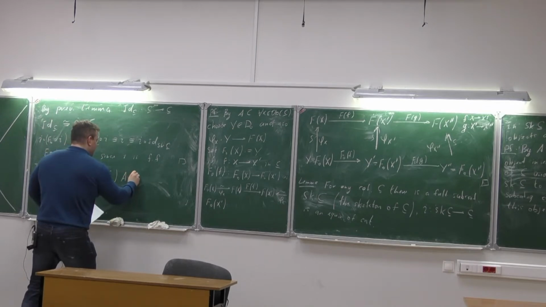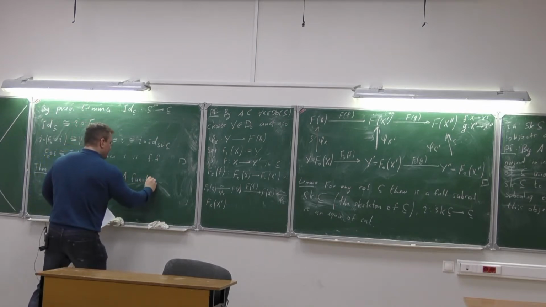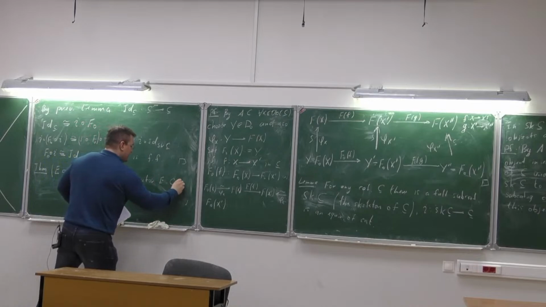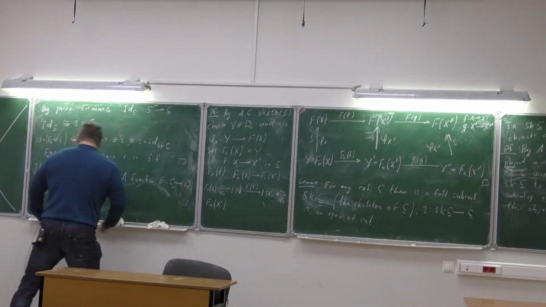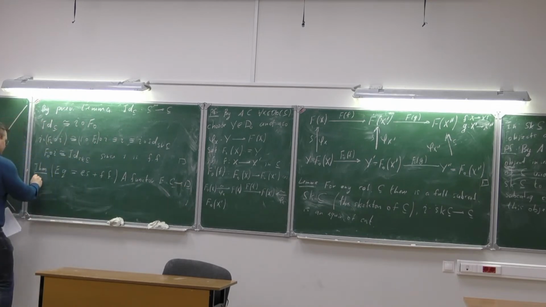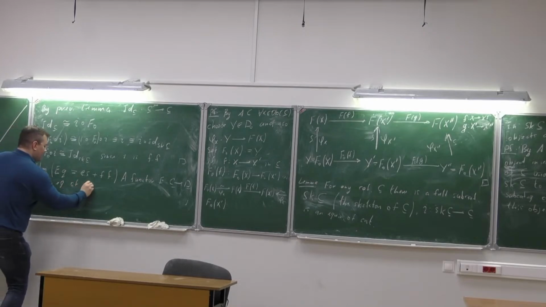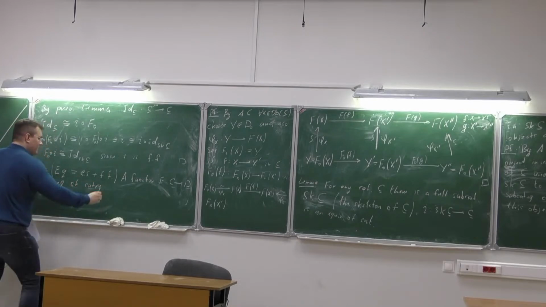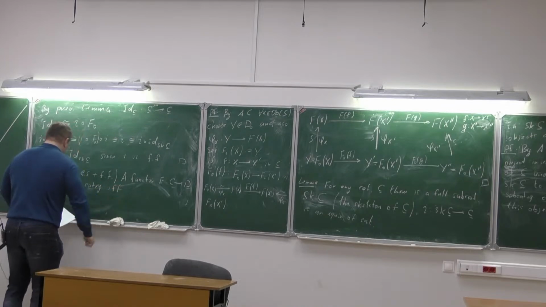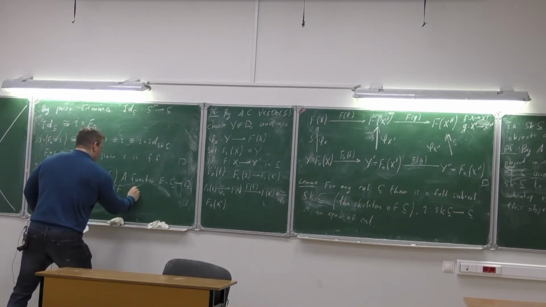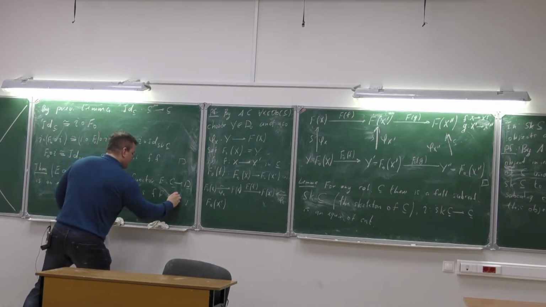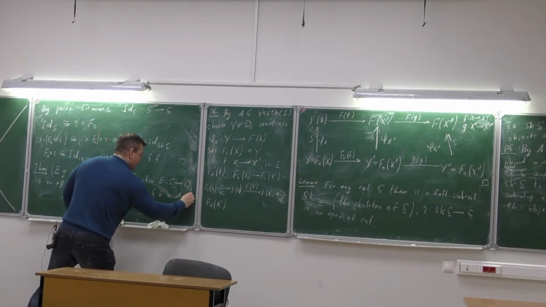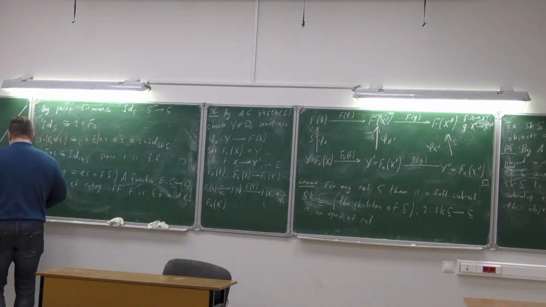A functor F from the category C to the category D is an equivalence of categories if and only if F is fully faithful and essentially surjective.